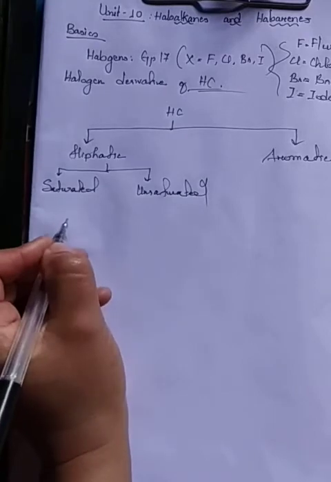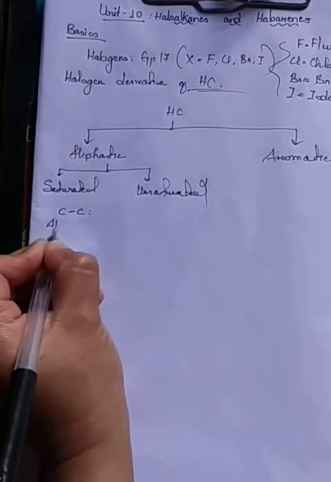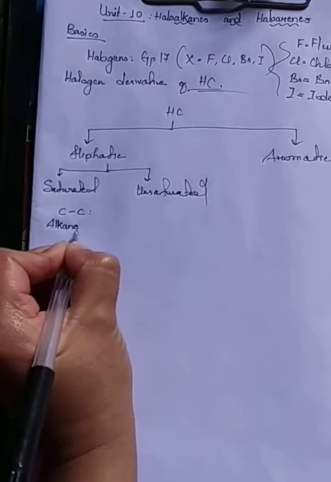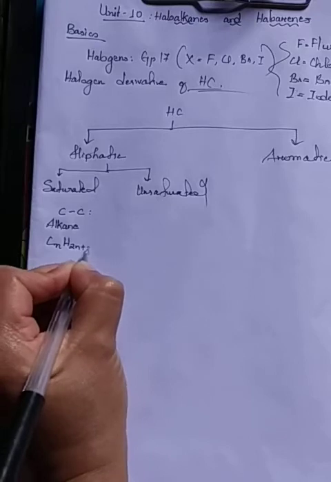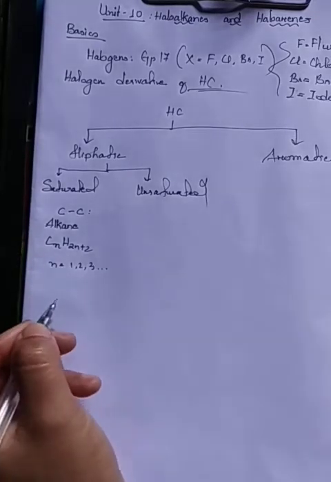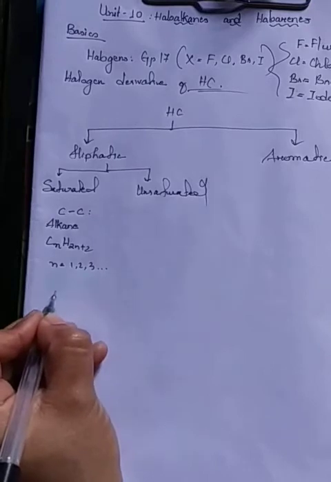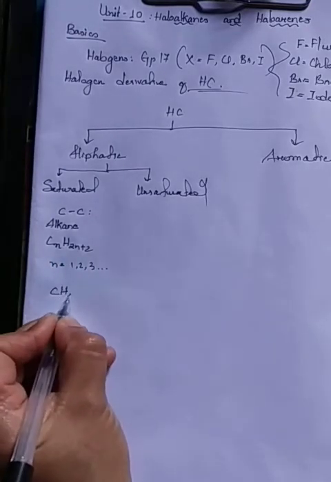If we check saturated, we'll be focusing on carbon-to-carbon single bond. This is also known as alkane. It has a general formula CnH2n+2, where n starts from 1, 2, 3, and so on. Suppose when n equals 1, we'll be having CH4.